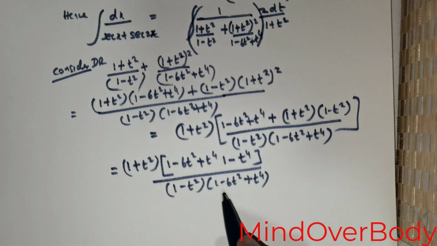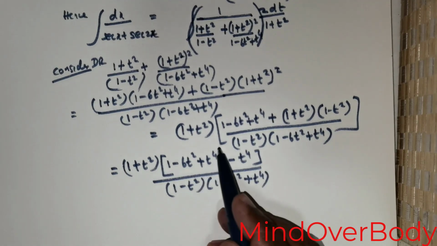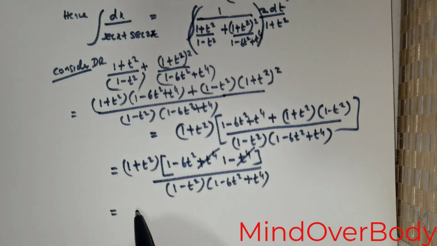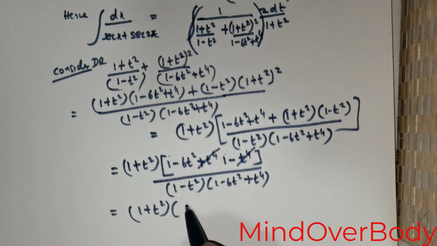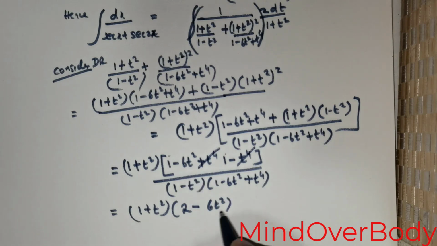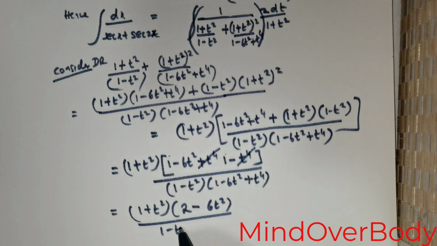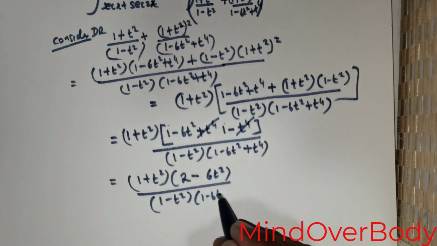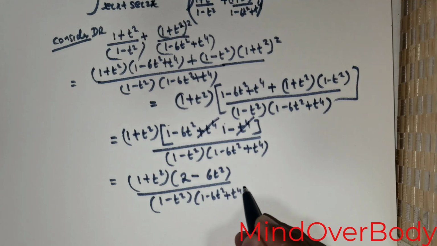Now clearly I can cancel t⁴ with −t⁴, and that would give me (1 + t²) times 1 added with 1 will give me 2, and negative, I've got a 6t², divided by (1 − t²) multiplied with (1 − 6t² + t⁴).